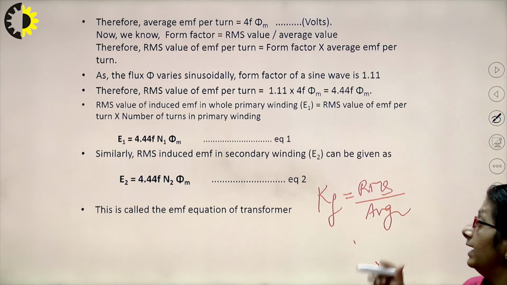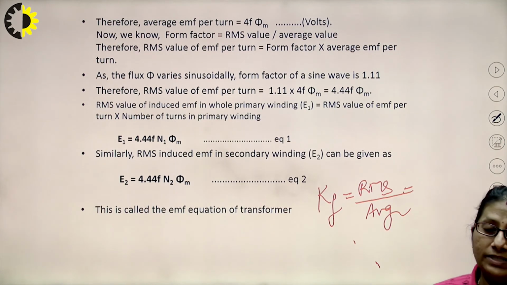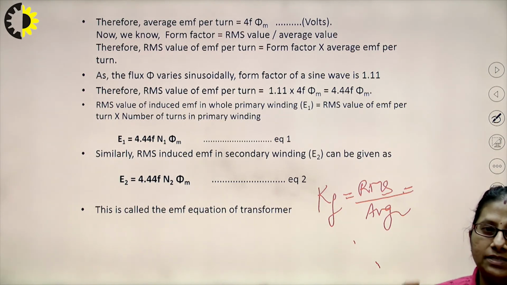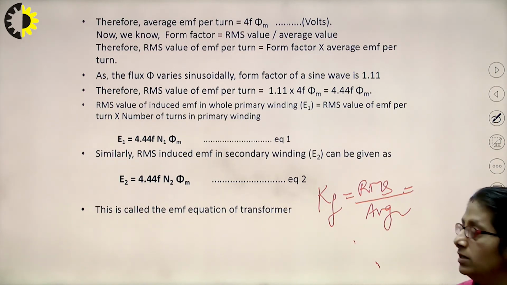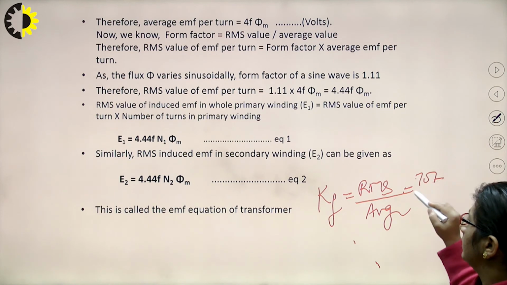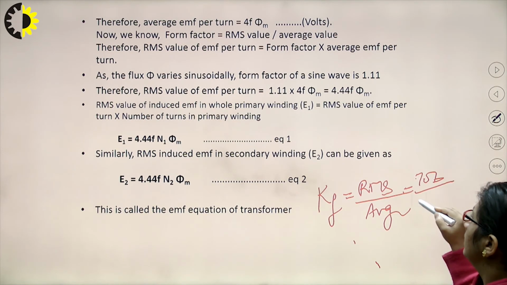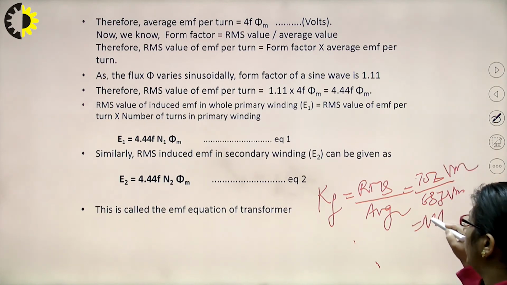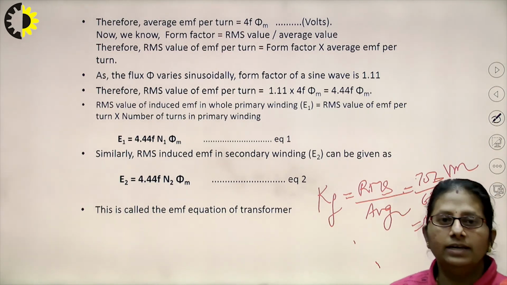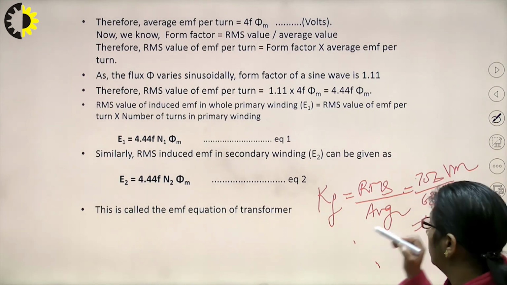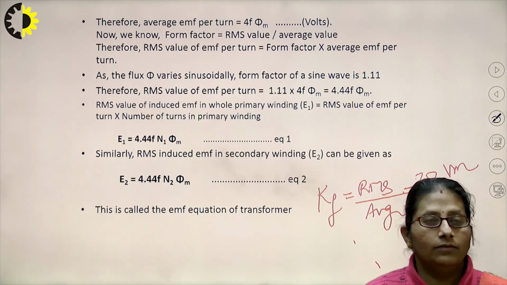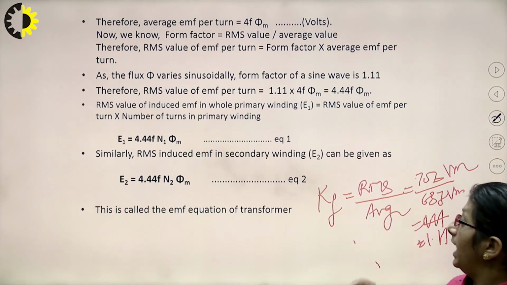For a sinusoidal wave, the RMS value is 70.7% or 0.707 of the maximum value, and the average value is 0.637 of the maximum value. So this value comes to 1.11, the form factor. I will just multiply by this to get the RMS value.